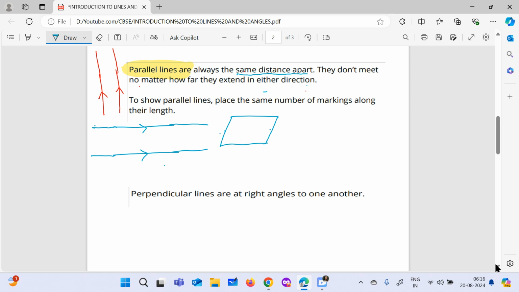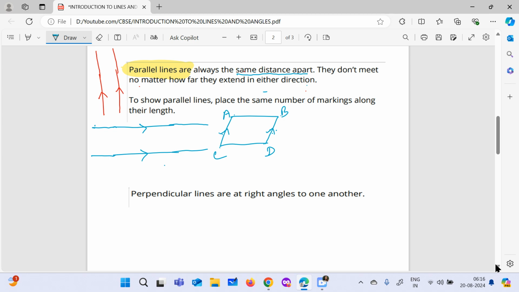So how will I show it? These arrows in the same direction show that these two lines are parallel. Suppose I mark it as AB, CD. So I will say AC is parallel to BD. Now, what if I have to represent AB is parallel to CD?